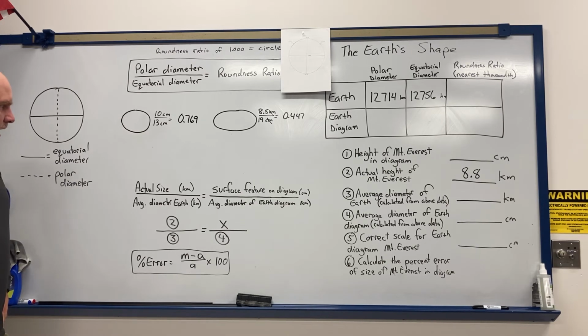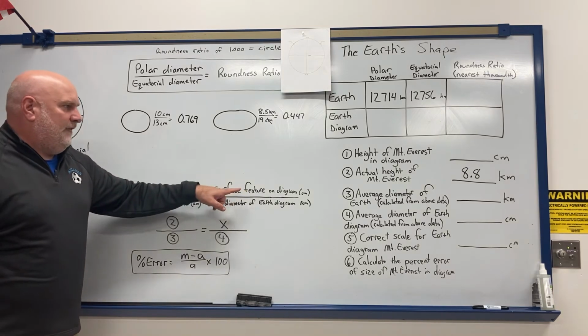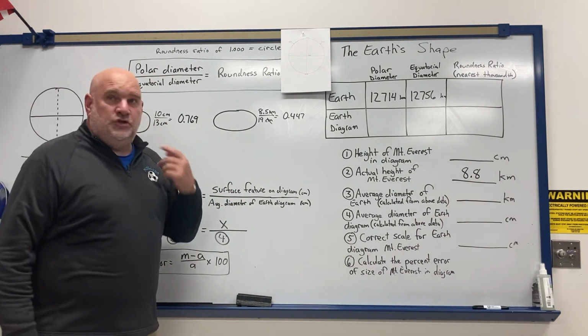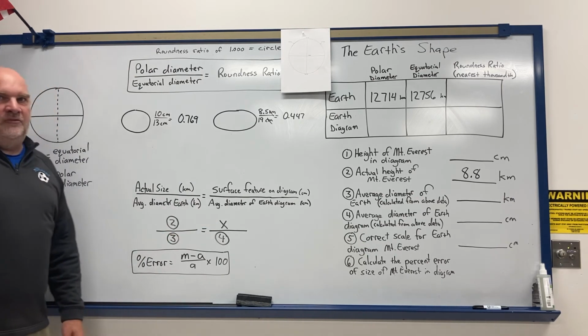So now I want to solve it for X. I want to solve it for the surface feature on the diagram, so that's what the height of Mount Everest should actually be. If I want to solve it for X, I need to cross multiply and divide.